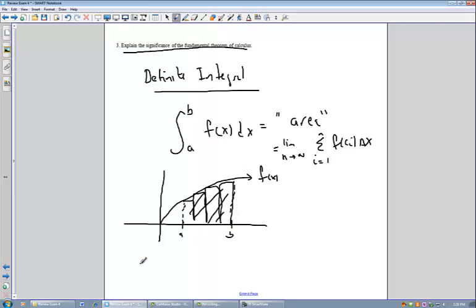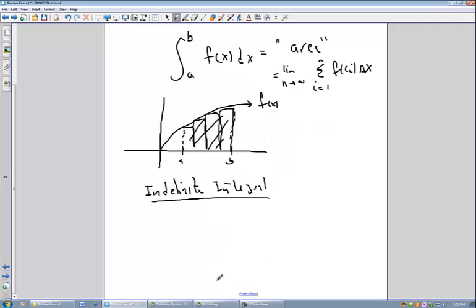Now the indefinite integral looks very similar to the definite integral, but of course they're very different. So the indefinite integral would look something like this: the integral of f of x dx without limits of integration. There are no numbers here, basically.